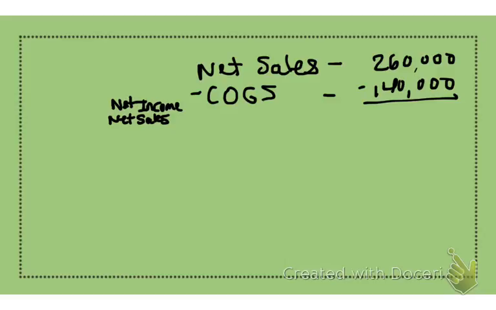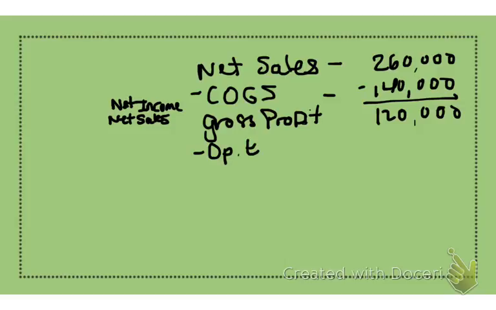And when we take the 260 and we subtract our cost of goods sold, we get a gross profit of $120,000. We subtract from our gross profit our operating expenses of $80,000.